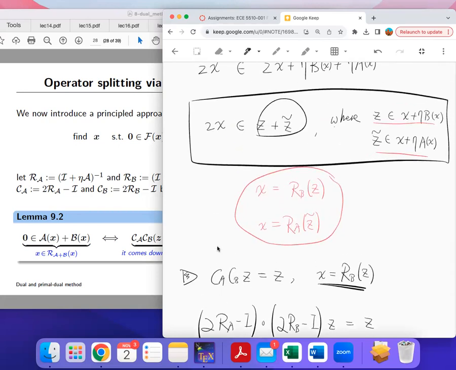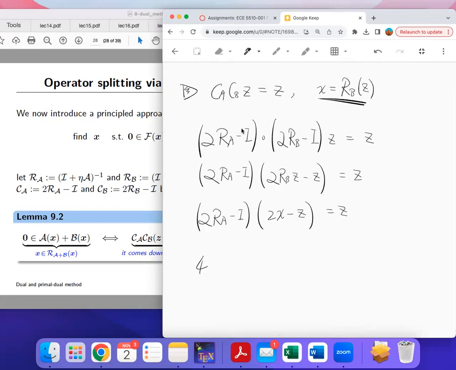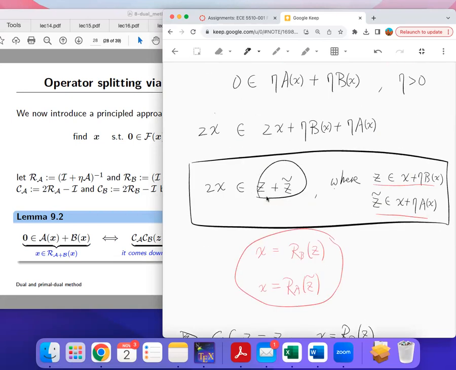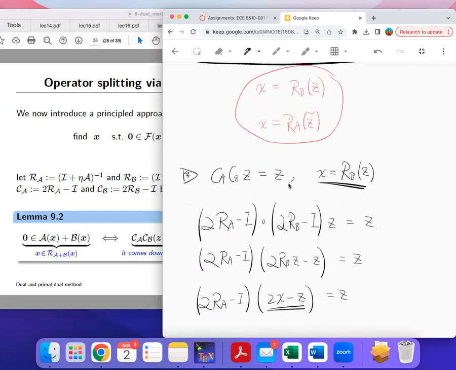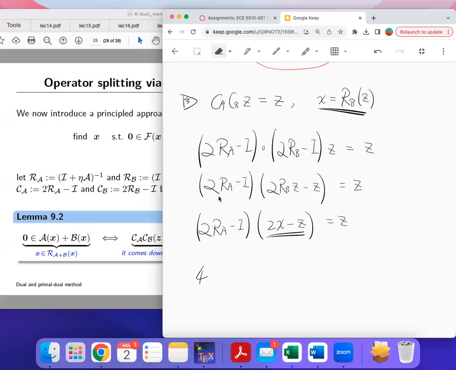Okay, and here's the thing. 2X minus Z is our Z tilde. Right, 2X minus Z is Z tilde. So here is basically 2RA minus I times Z tilde. That's our definition.